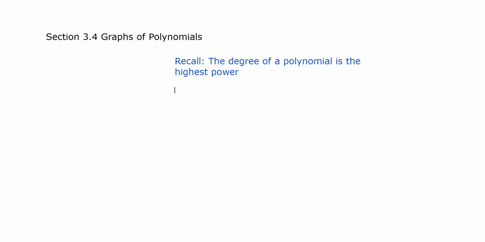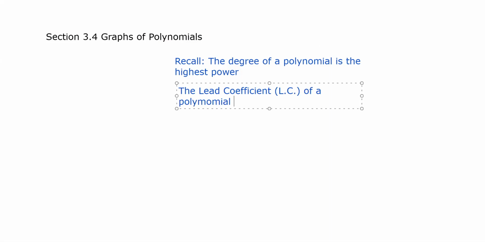Also recall the lead coefficient, which henceforth I shall dub the LC of a polynomial. That is going to be the coefficient of the highest powered term.